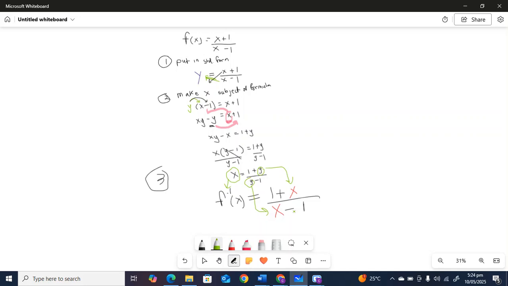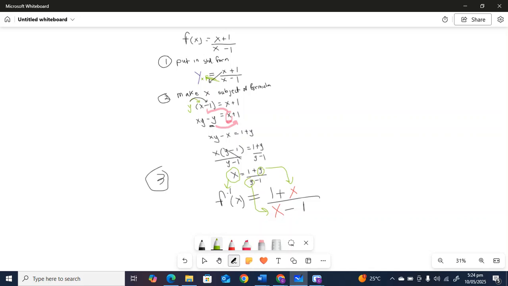So those are the steps for inverse functions. Step one, you put in standard form, where you substitute f of x with y. Step two, you make x the subject of the formula.